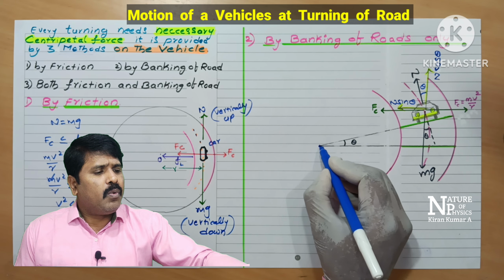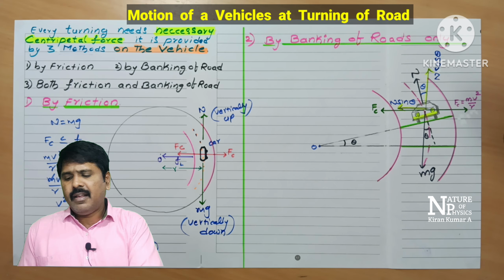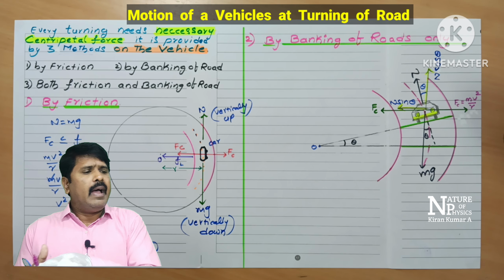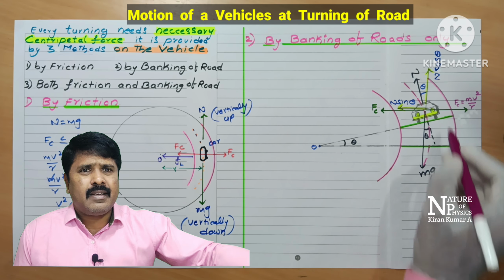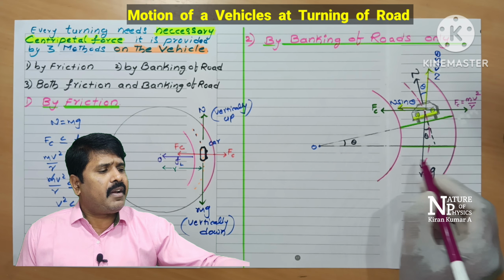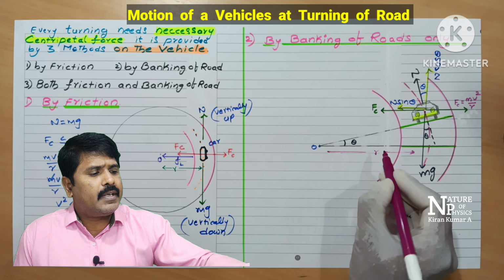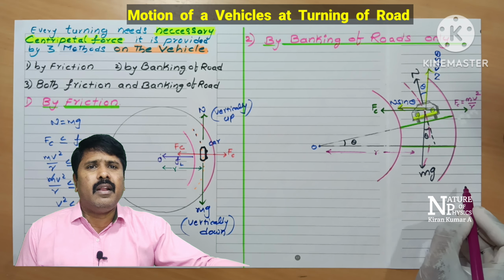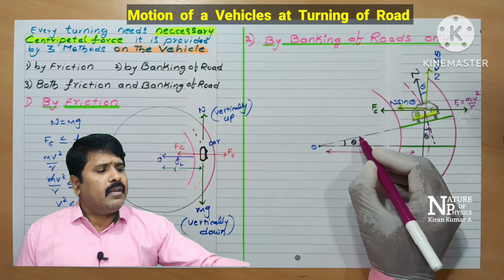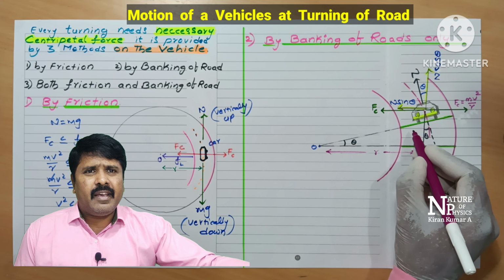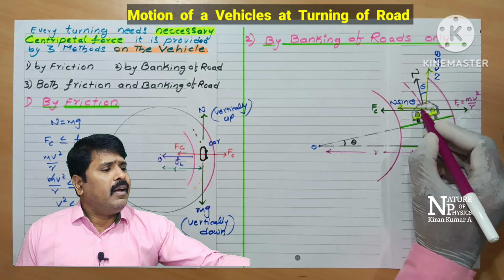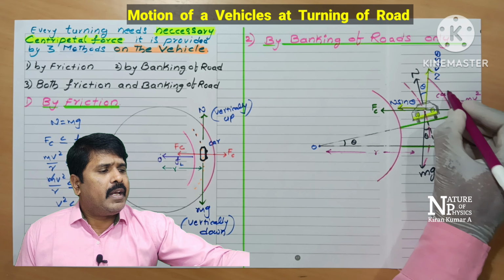See here, O is the center of this circle, and this is the circular road. r is taken as the radius of this circle, and theta is the angle of banking. For example, take a car.